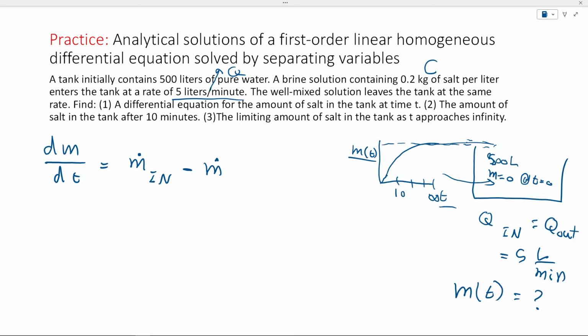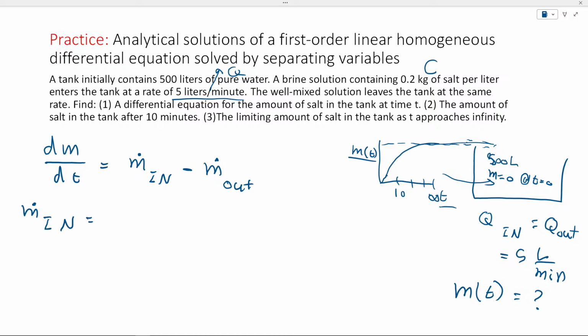What is entering and what's coming out will tell you what is changing inside. Remember the laws of conservation, what's entering through your boundary is what's changing inside your volume. Mass in and mass out. What is m in? We know this guy. This is given.